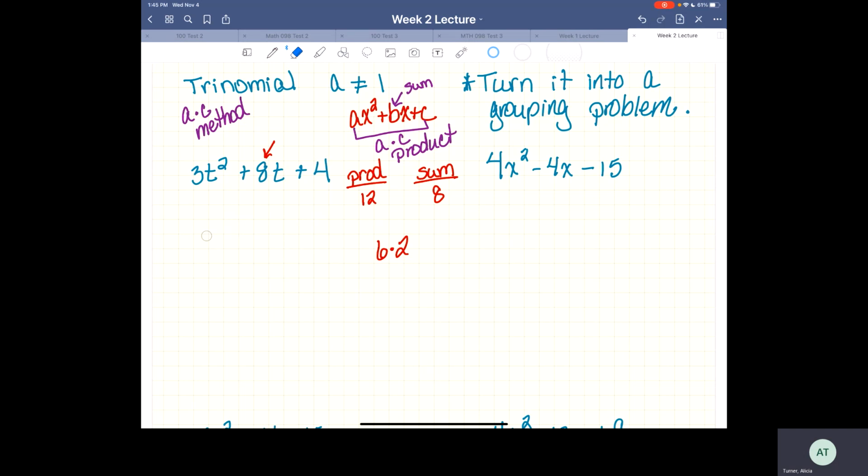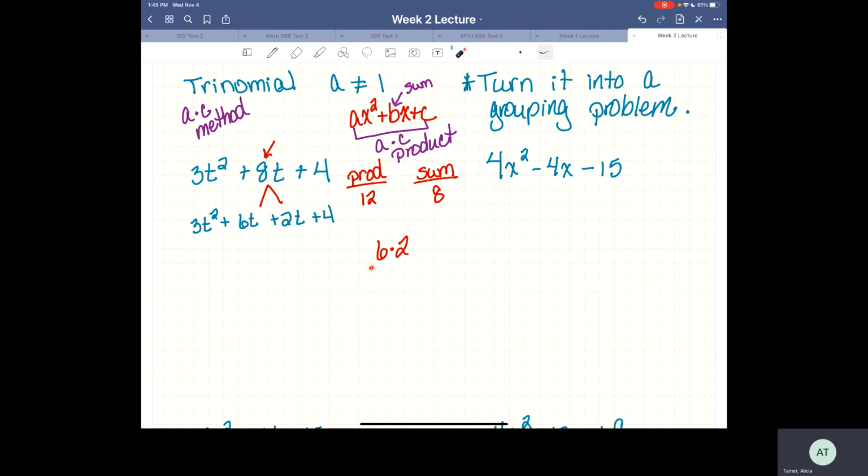This is the AC method. What's different is our A. We've got a number in front of that. Our A is not 1. So what we do is we split this middle term and we use the numbers that we found. So I've got 3t squared plus 6t plus 2t plus 4.